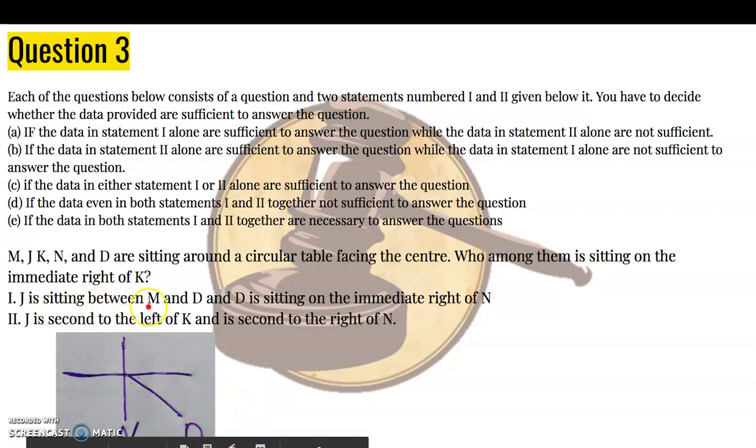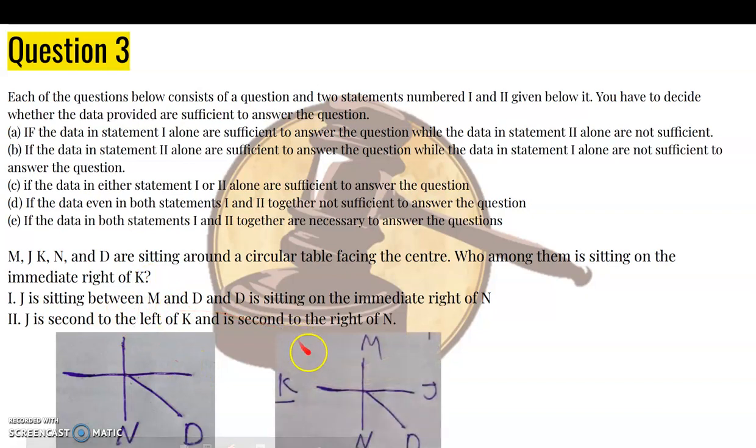Then we know that J is between M and D. So J will have to be here and M will have to be here. And the remaining person, that is K, will obviously have to be here. Now we know who sits to the immediate right of K, right? It's N. So we can solve this without consulting statement number 2.